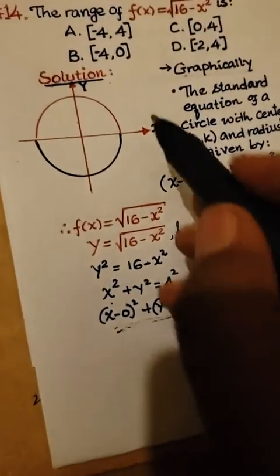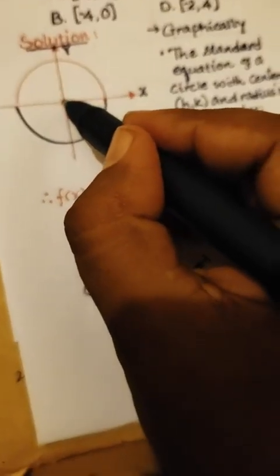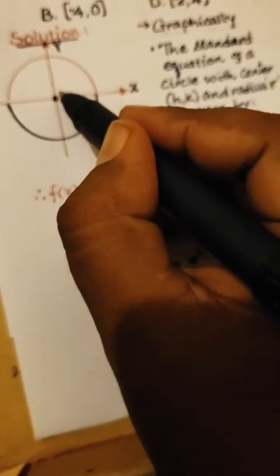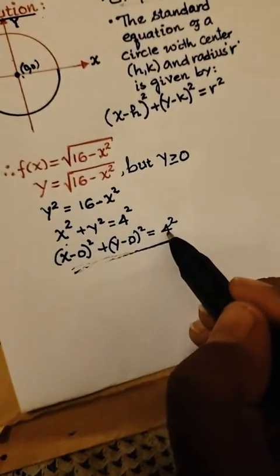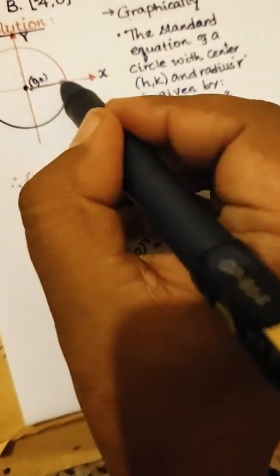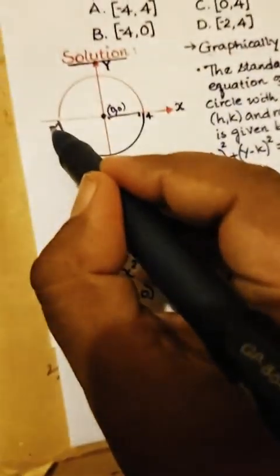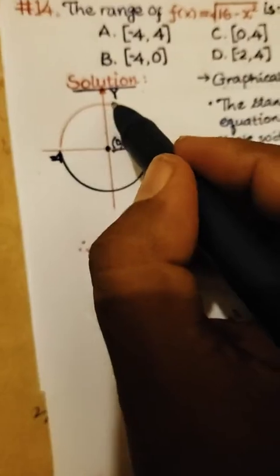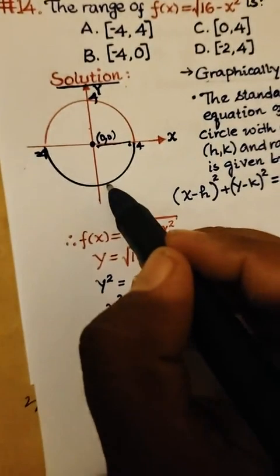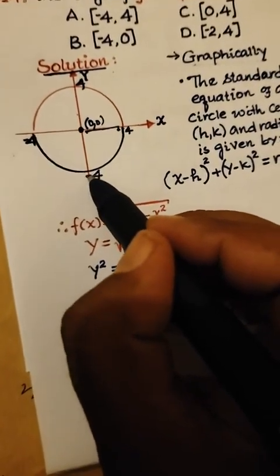Now coming to this diagram, we can see that the equation represents a circle with center at the origin (0, 0), and the radius is 4 units. That means this is 4 units long, so this will be 4 and this one will be negative 4, and here is 4 and here will be negative 4.